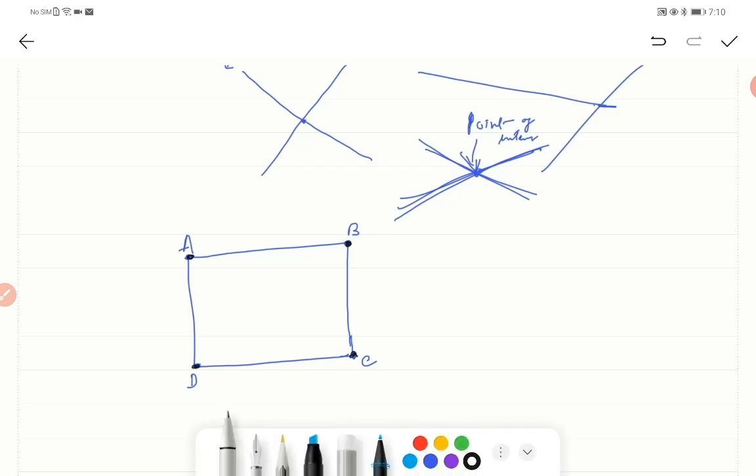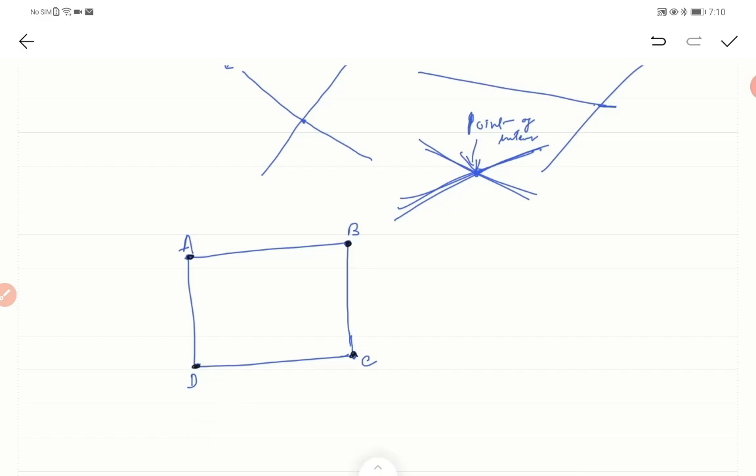So when all these points are connected, this becomes line segment AB. And DC is one more line segment, BC is one more line segment, AD is one more line segment. Now which two line segments are parallel?